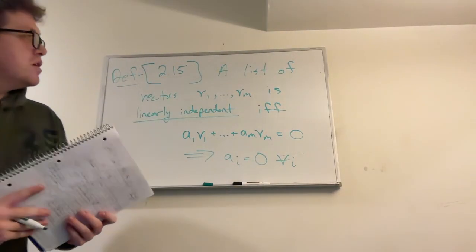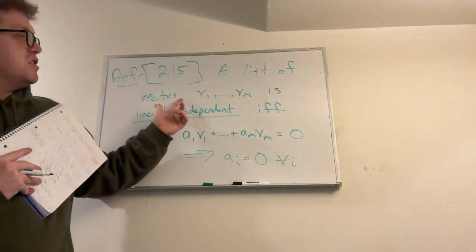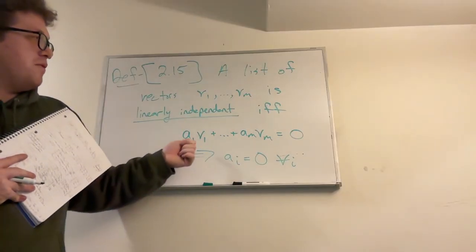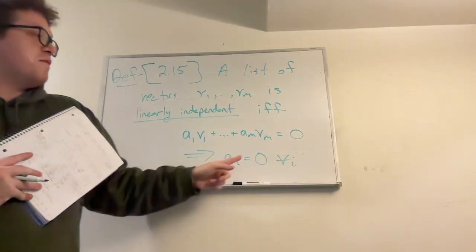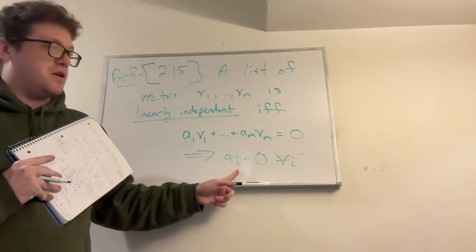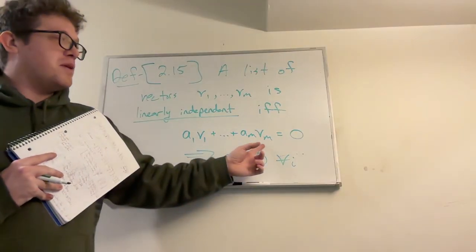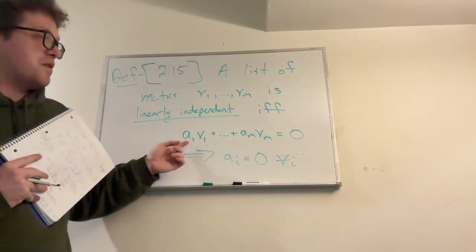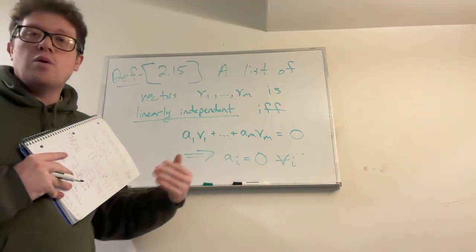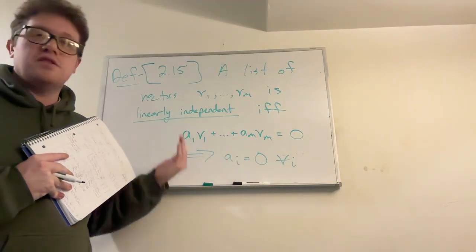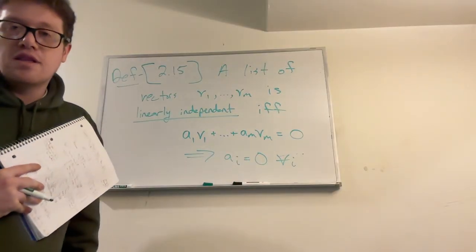Or in other words, the vectors are linearly independent if and only if a linear combination that equals the 0 vector forces all of the coefficients to be 0. So there's no other possible way for some linear combination of the vectors to equal 0 other than the trivial linear combination, the one that always gives you the 0 vector, which is 0 times the first vector plus 0 times the second vector, etc., until you get to the last one.